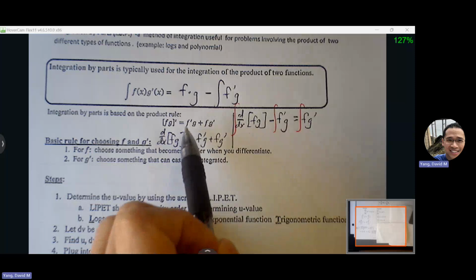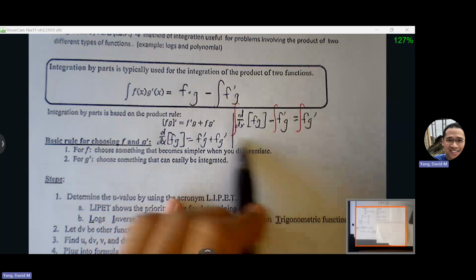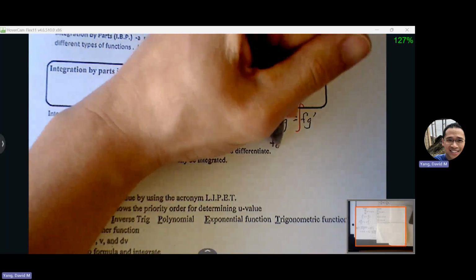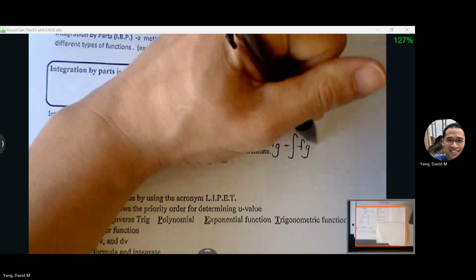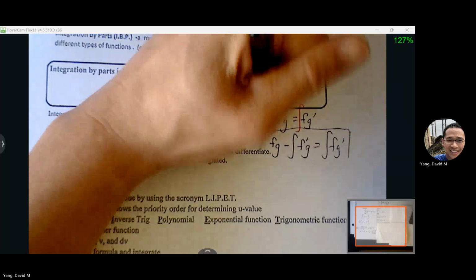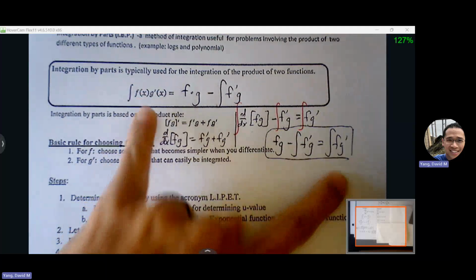So we're basically rearranging the derivative product rule and then just taking the integral of it. And that is going to allow us to get to this form that is helpful for these types of problems. And this is basically this, just rearranged.